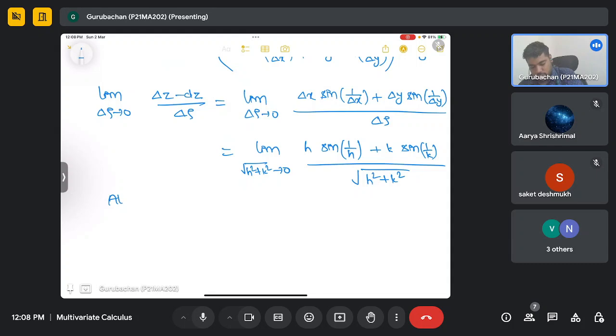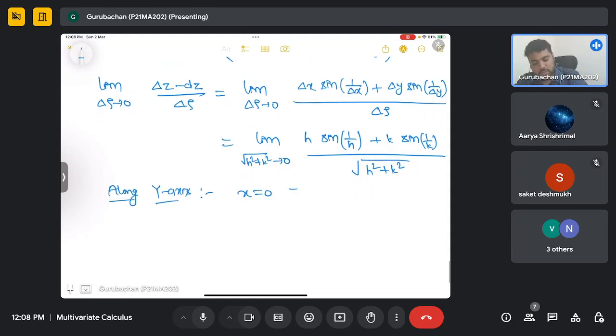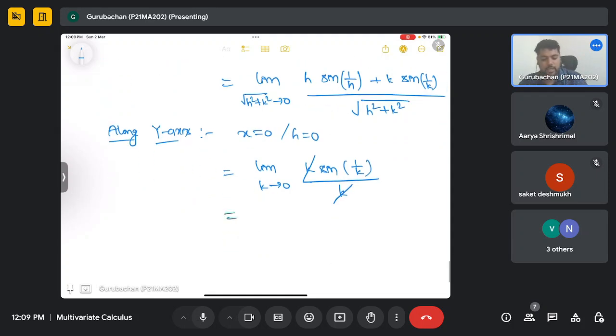So now we will choose to go along the y-axis. Along the y-axis, x is 0, which means that here h will be 0. This will give us the limit k tending to 0 of k sine 1 by k divided by k, and this k and k cancel out, and we know that the limit as k tends to 0 of sine 1 by k does not exist.